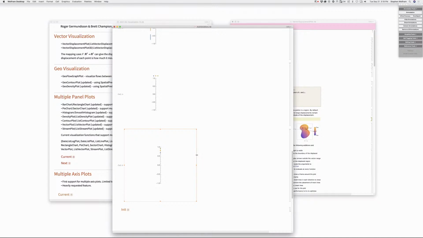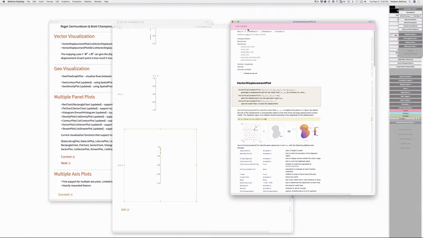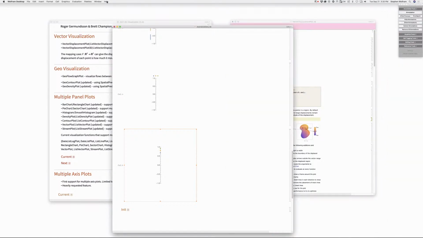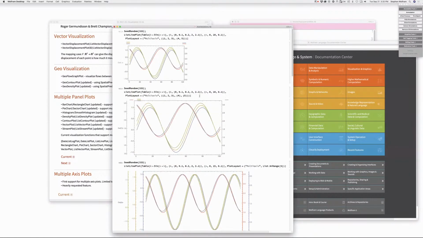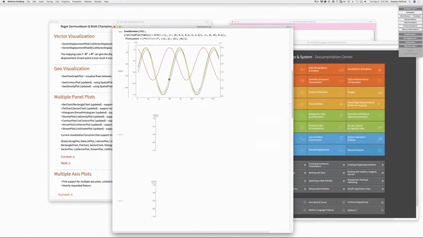Well, the question is, if we have legends, let's remember how legends do it. Let's see, if you use that example at the top. Yeah, make a copy of that, get rid of the plot layout, turn PlotLegends to Automatic.